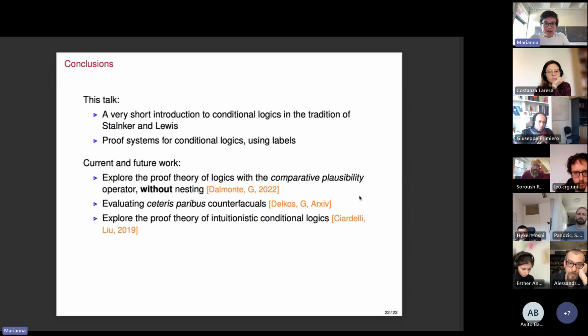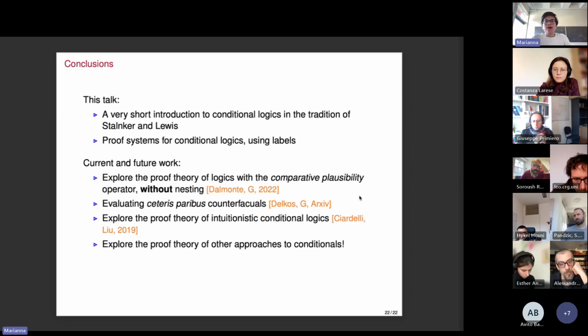And then, I'm quite excited about this, explore the proof theory of intuitionistic conditional logics. The logics have been defined, but there are no proof systems for them. And possibly also checking what happens if you take other approaches to conditionals, maybe beyond Stalnaker and Lewis, on the proof theoretical side.